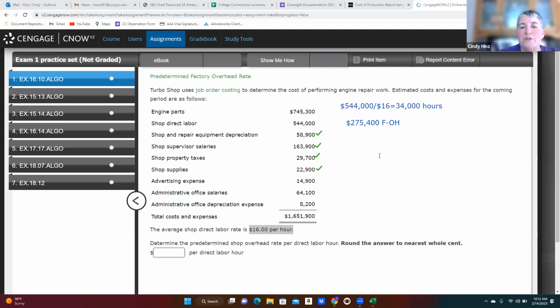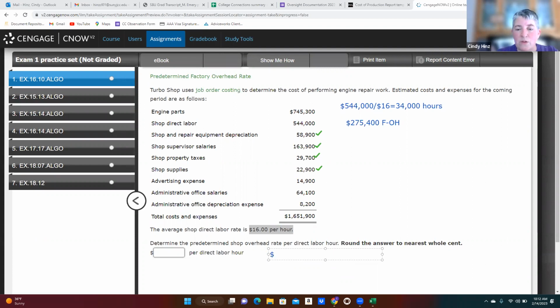And so now we have the two pieces of information we need to calculate the factory overhead allocation rate. Again, predetermined because we do this before we even start the year's work or the period's work. You'll notice it says estimated costs and expenses. So all of these costs in this list are budgeted or estimated costs.